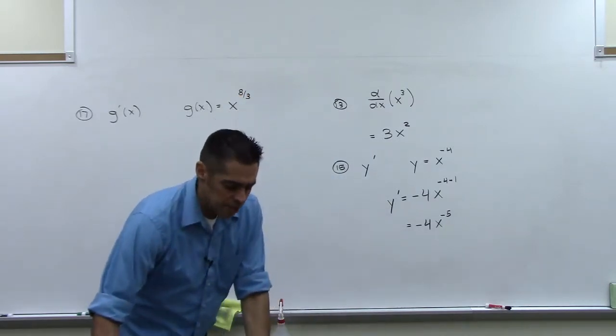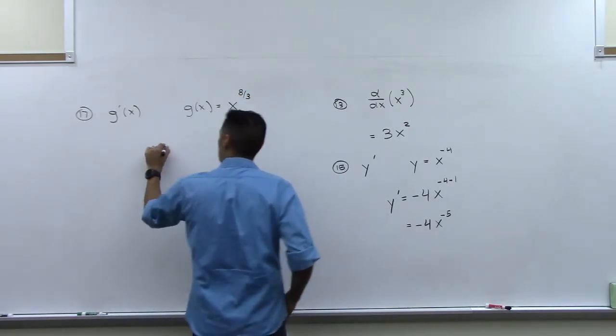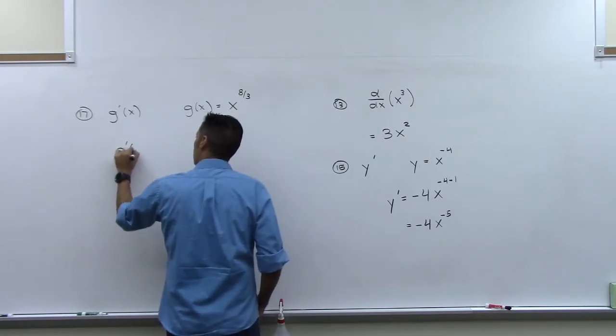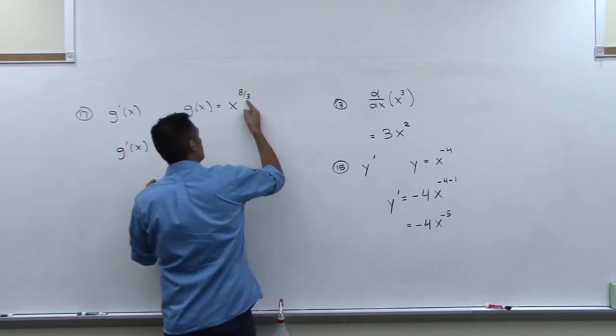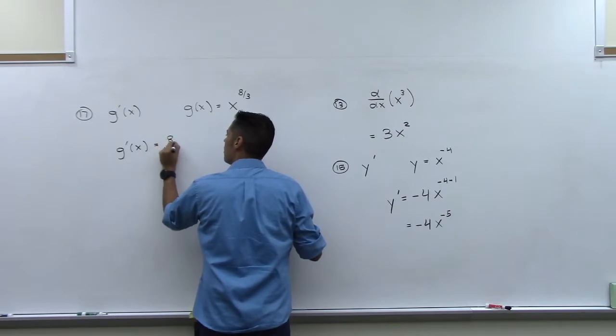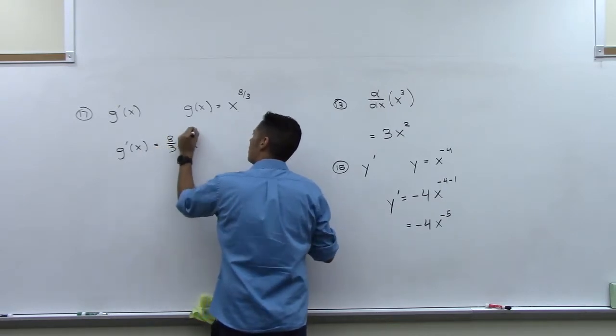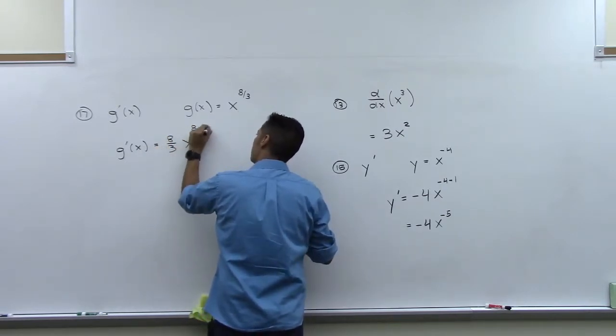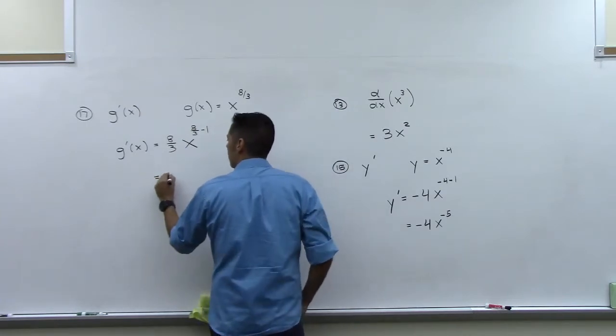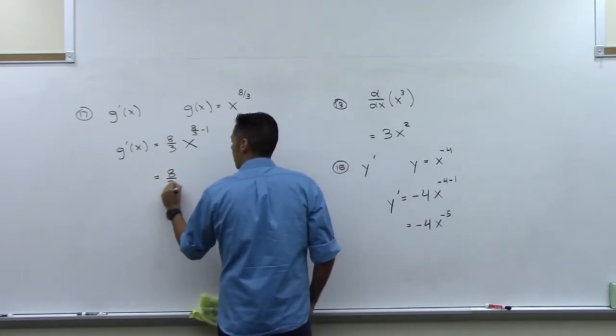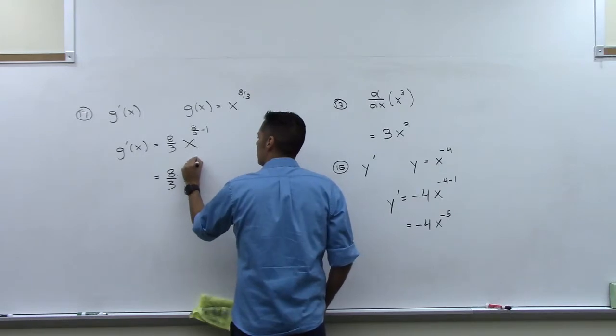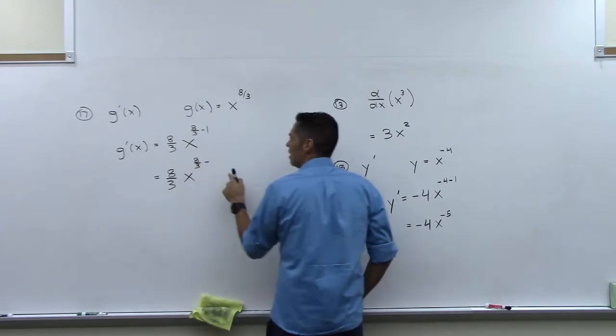Again, we have x to a power, so we're going to use the power rule. So g prime of x will be equal to, we bring the power out front, 8/3, x raised to the 8/3 minus 1. So we actually need to figure out what that is. I need a common denominator.